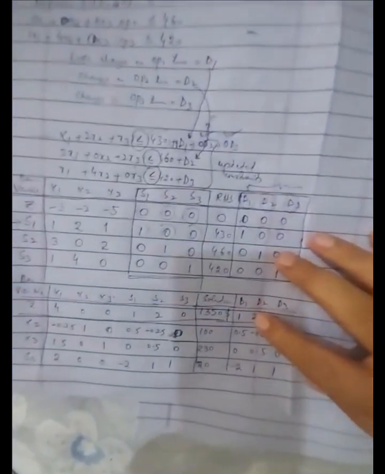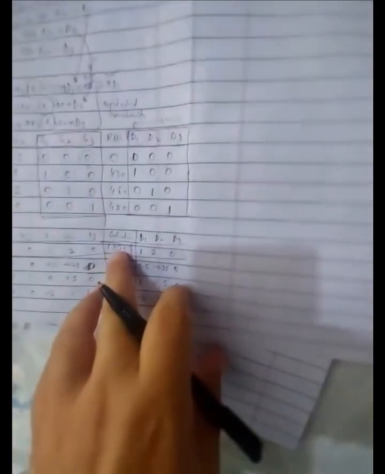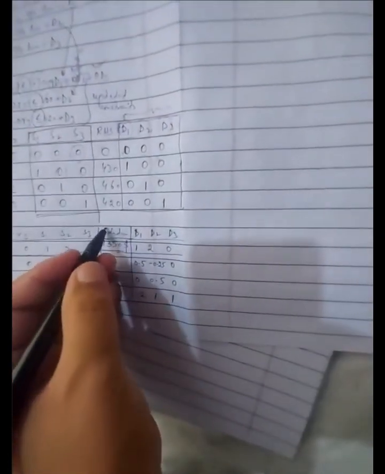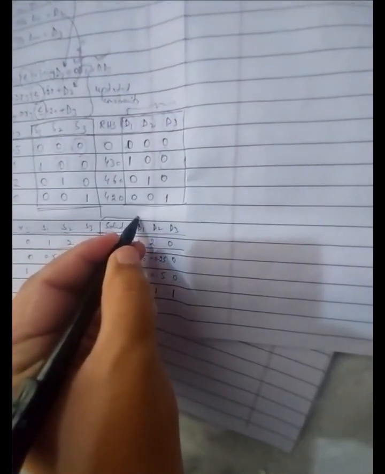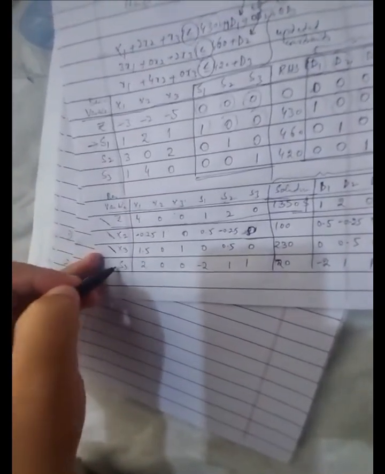From the solution column onwards, we are going to make the equation for Z, X2, X3 and S3. Okay? So first, starting from the Z row.